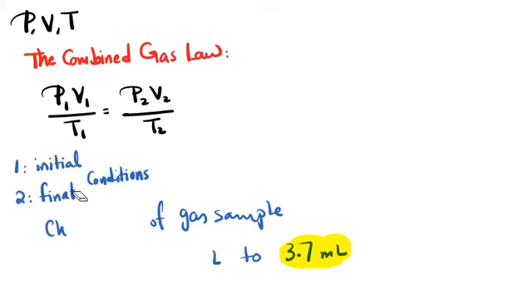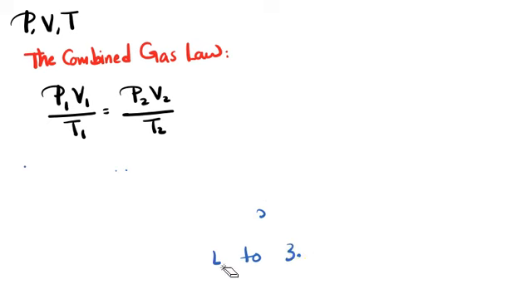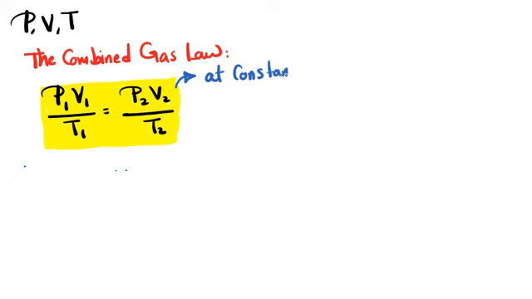Right now, I'm going to go back and derive some gas laws based on this major law. Let me highlight that one. We are going to solve some problems and derive some equations based on the combined gas law. The first gas law that I can derive is when the problem says we are going to solve at constant temperature.